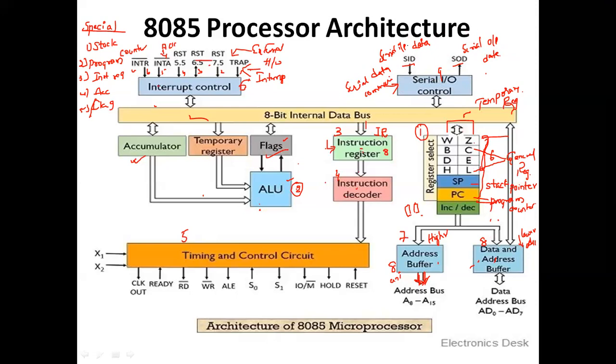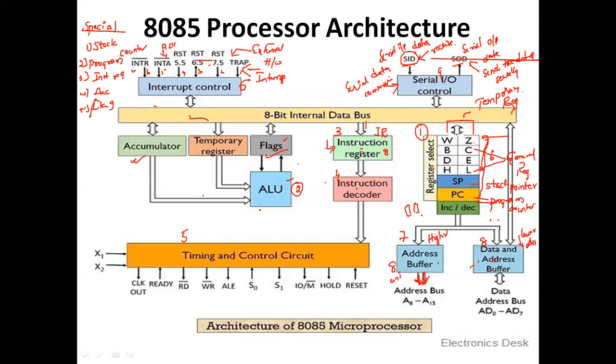Fine. So the purpose of SID, serial input data, is to receive the data serially, and SOD is used to send the data serially. So that is the purpose of SID and SOD.